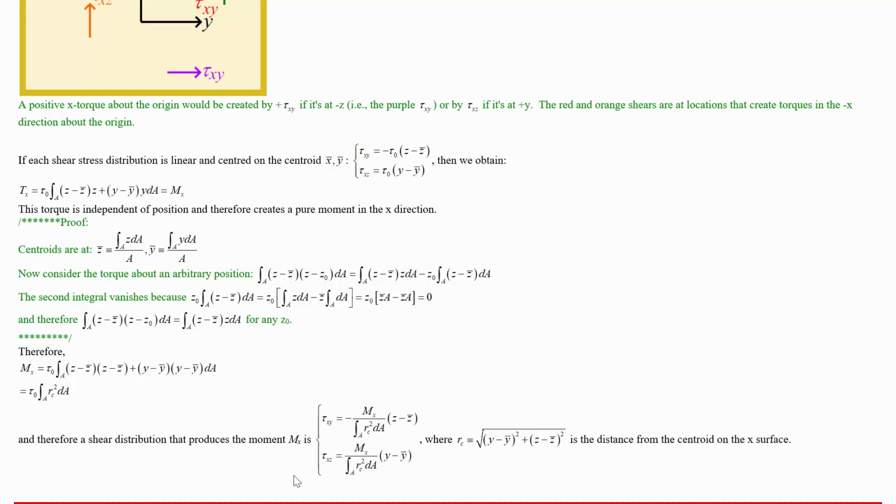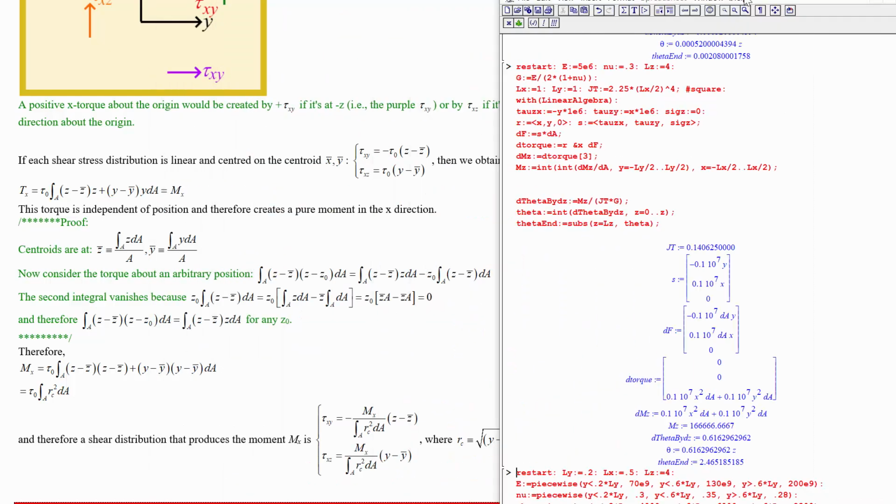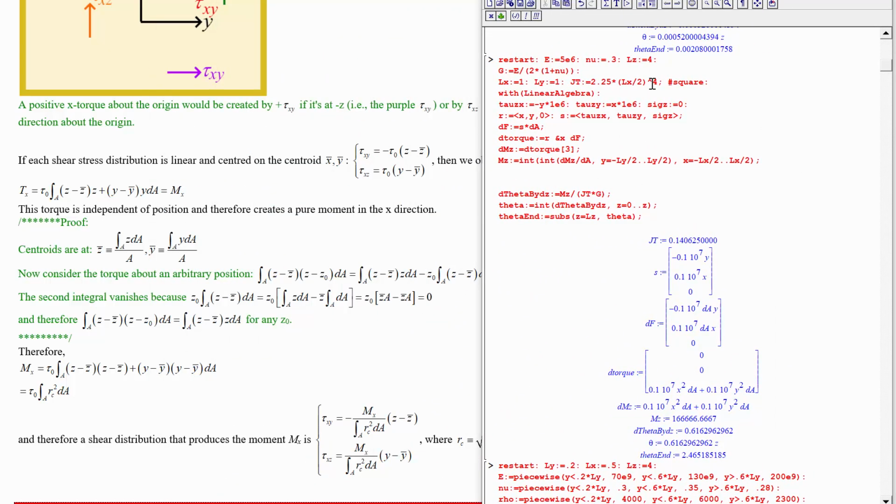Let's test this formula using the previous example. So we found for a square cross section that we ended up with a moment produced by those stress distributions here.